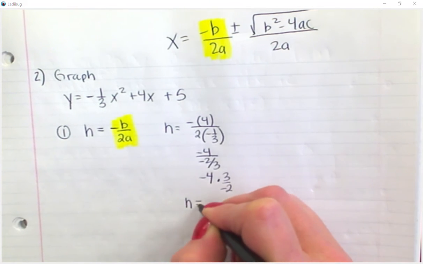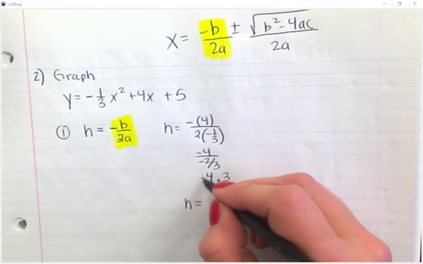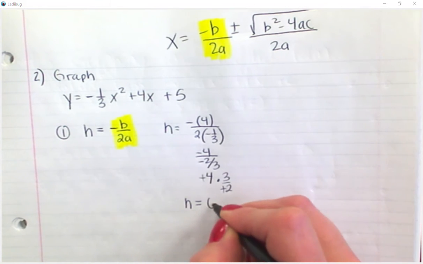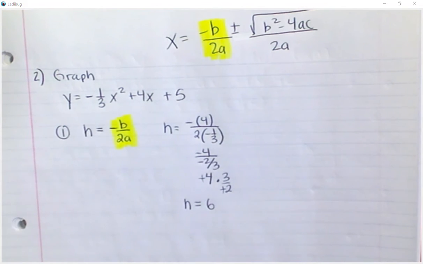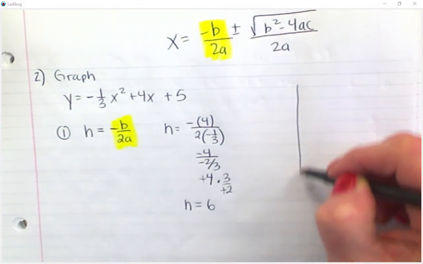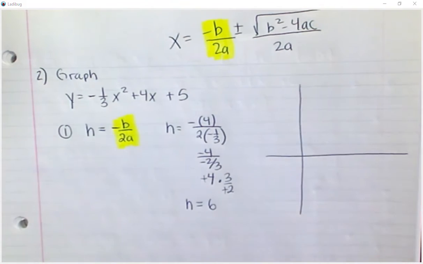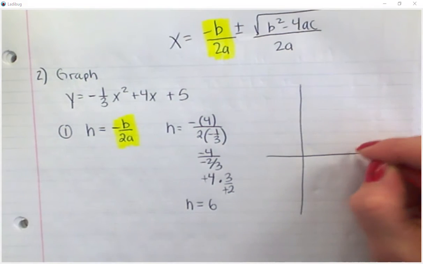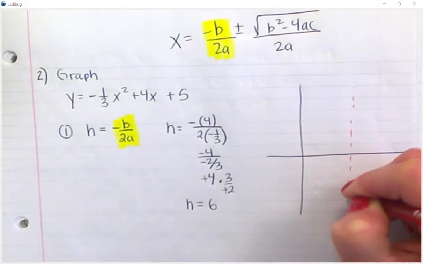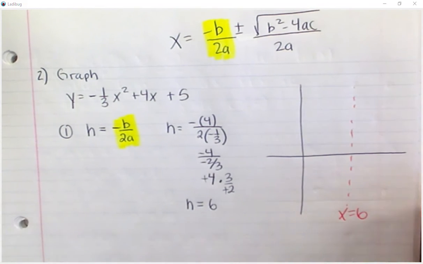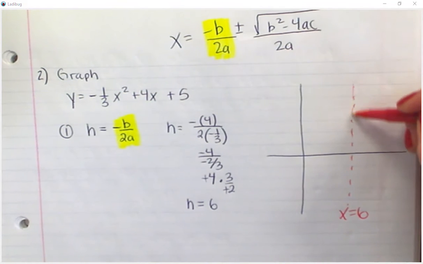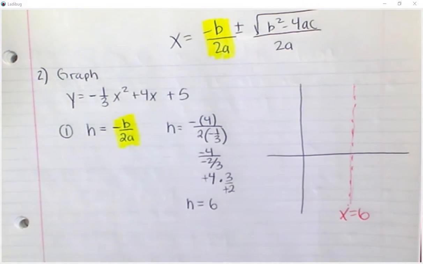So h equals 6. Okay, h is 6. There's my axis of symmetry, right there. In this particular choice, I'm starting at the center of the graph.